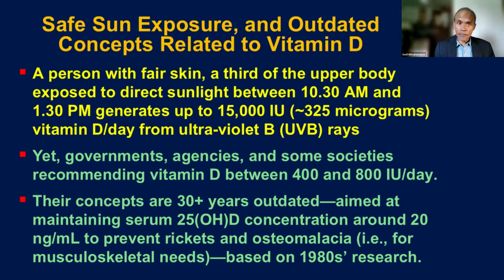For example, we need exposure of the upper body, about a third of the body, to direct sunlight, not through windows, between 10:30 a.m. and 1:30 p.m., which is the best time when the zenith angle of ultraviolet rays allows them to penetrate the skin and generate vitamin D. A fair-skinned person can generate up to about 315,000 international units a day by doing that.